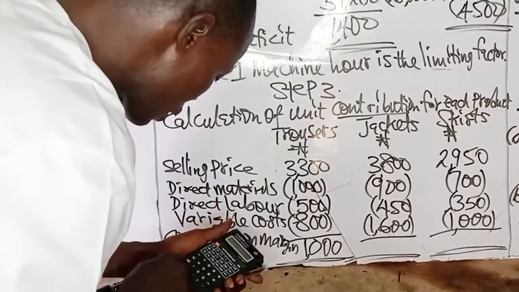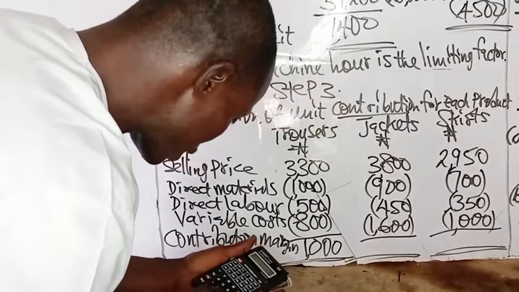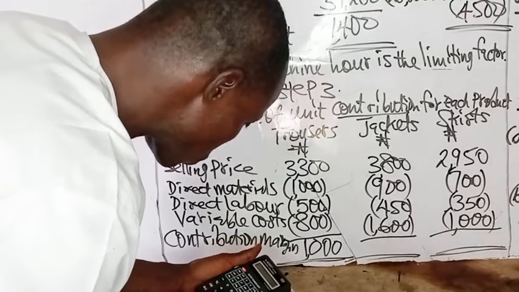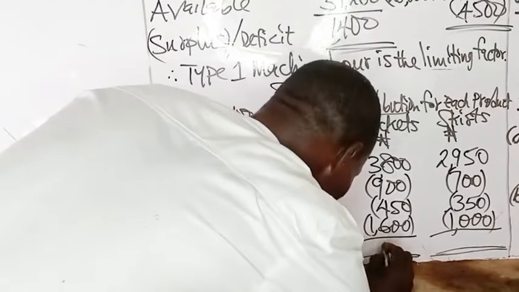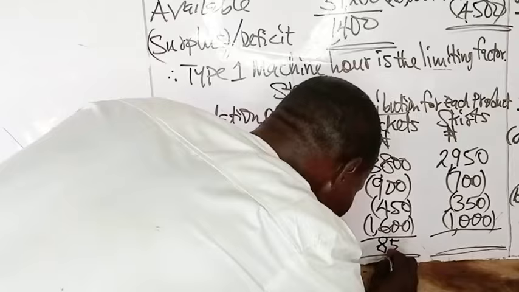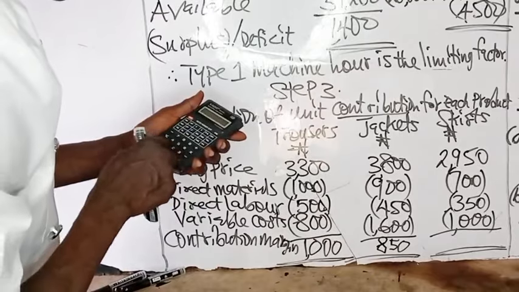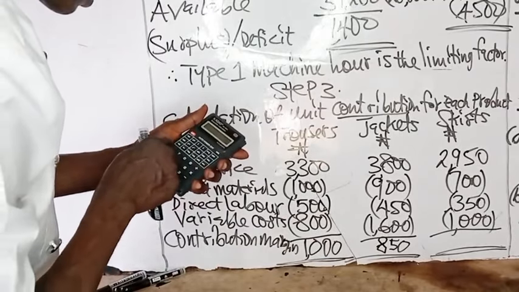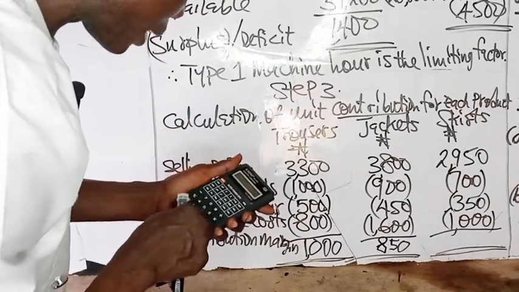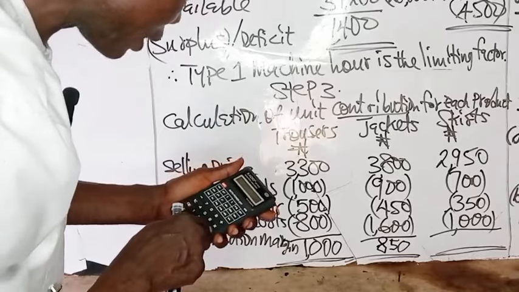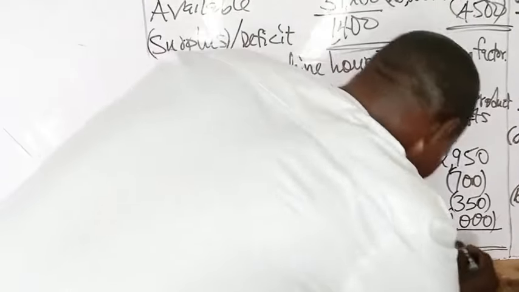For jackets, we have 3,800 minus 900 minus 450 minus 1,600. So we have 850. Then for skirts, we have 2,950 minus 700 minus 350 minus 1,000. So we have 900 as our contribution margin.